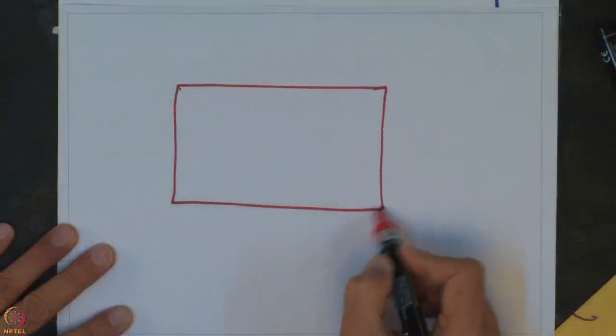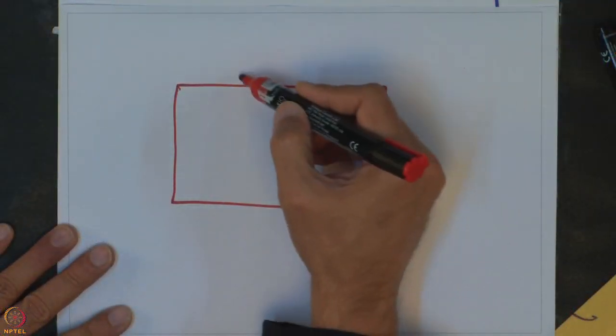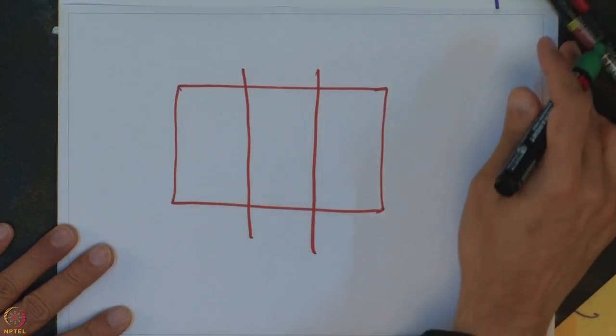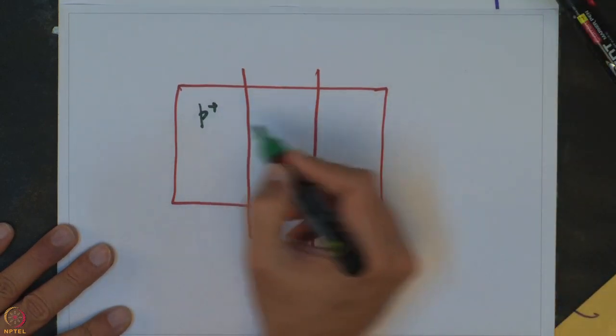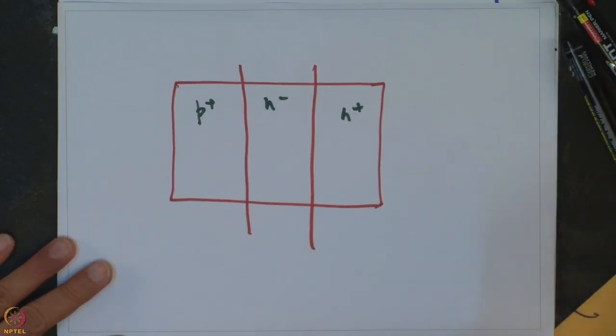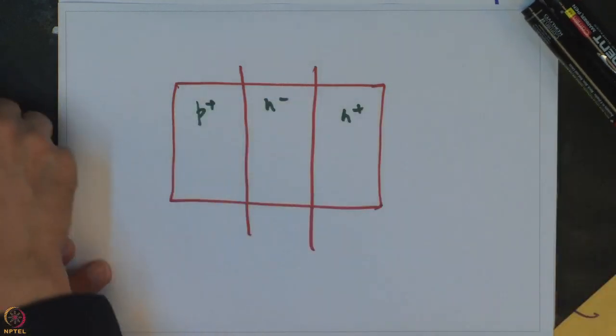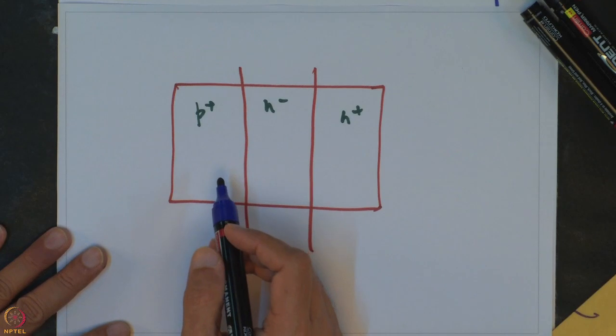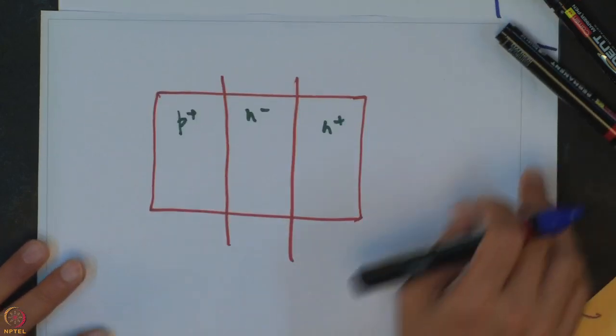So, if I draw this situation, let us say this is the diode, divided into 3 regions: P plus, N plus and in between N minus. Now let us say we have the charge injection taking place. Let us study the diode during forward conduction, when it is conducting in the forward biased case.